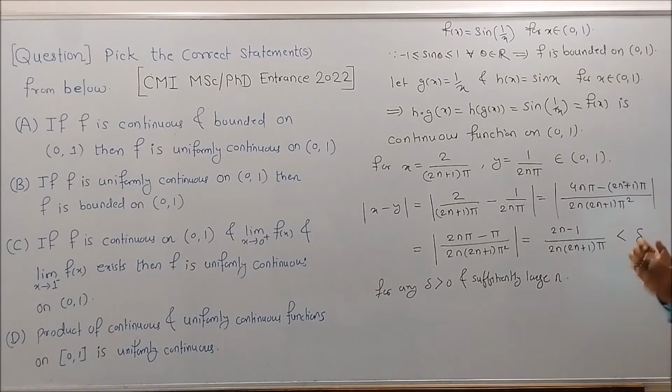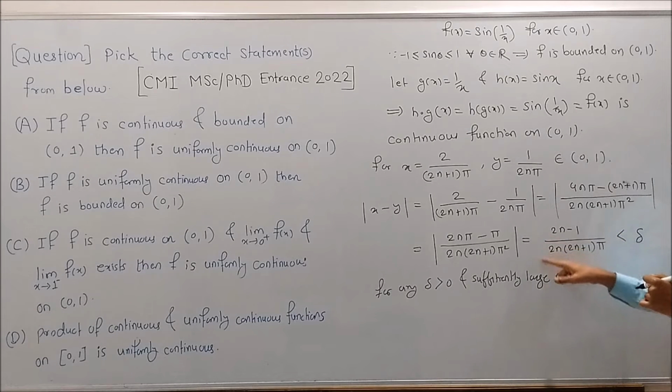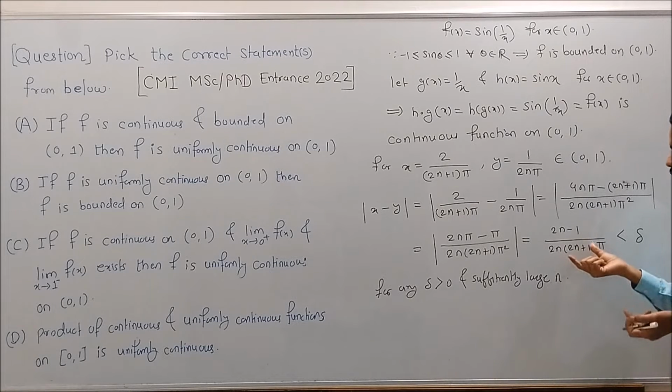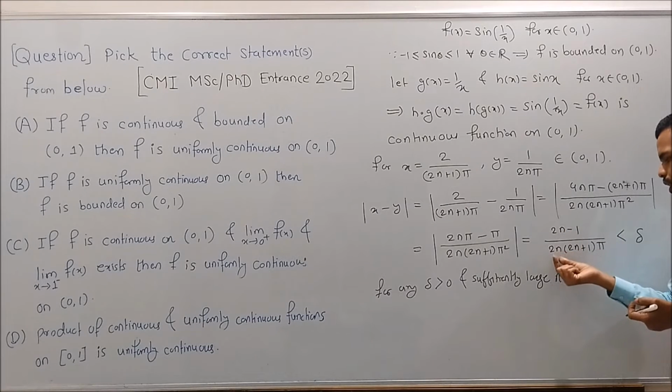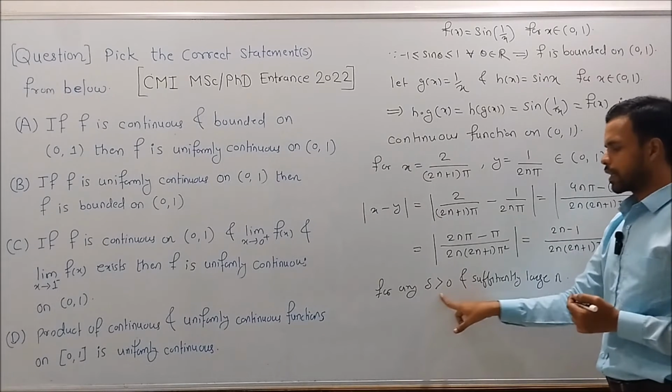We can take any value of delta, and as the denominator is increasing faster than the numerator, this value tends to 0 as n tends to infinity. So this value is less than delta for any delta greater than 0.